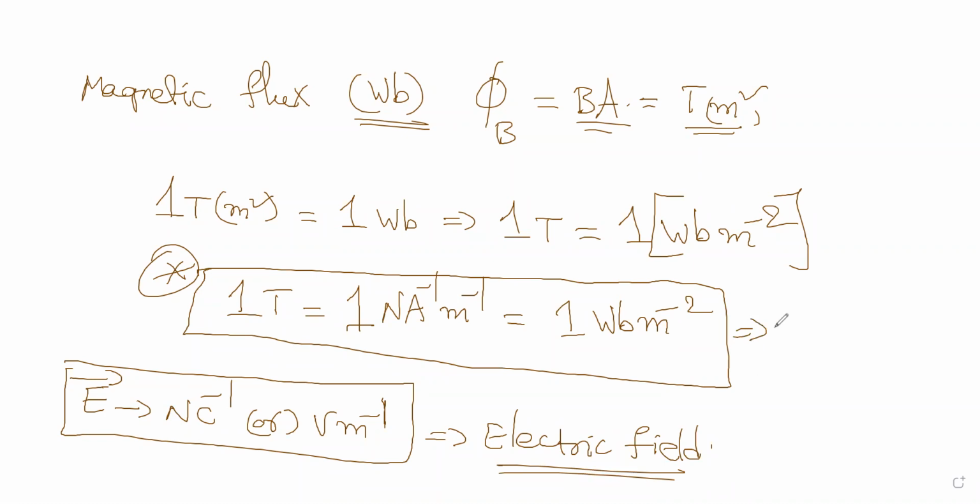The unit of magnetic field is Tesla, that is 1 Newton ampere inverse meter inverse, 1 Weber meter power minus 2. And the electric field is Newton per Coulomb or volt meter inverse. Okay, you got it? Hopefully now.